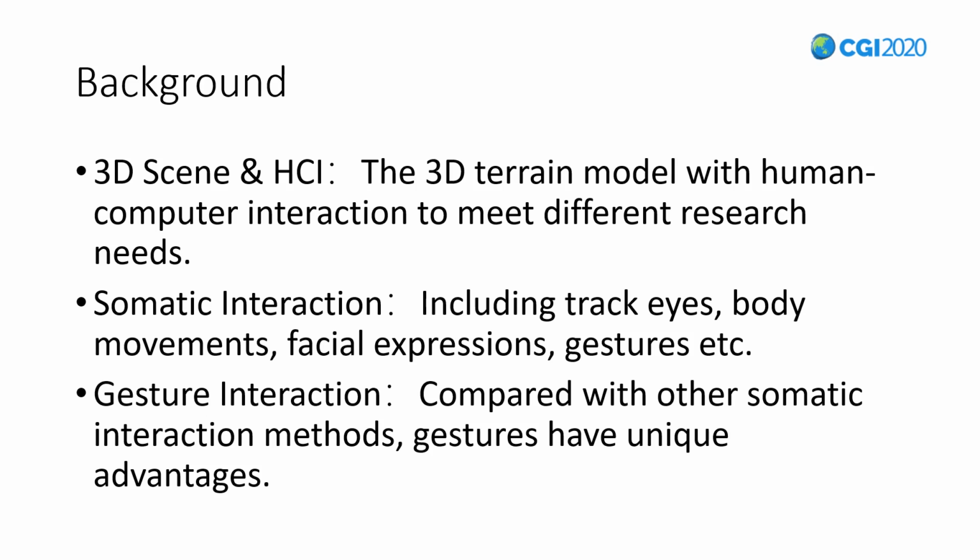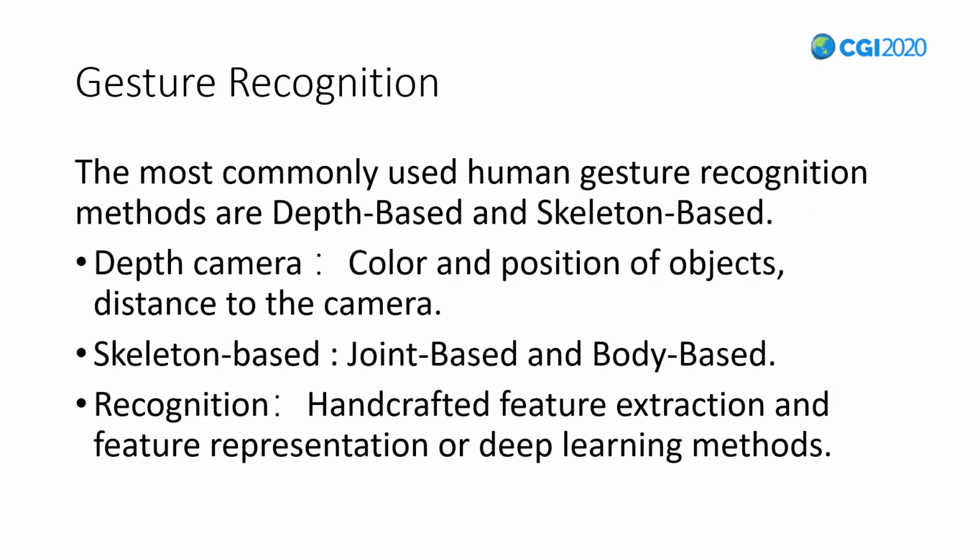They are intuitive, natural, and easy to learn, and do not require special hardware like a mouse and keyboard. The most commonly used human gesture recognition methods are depth-based and skeleton-based.